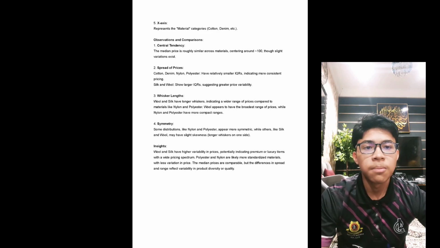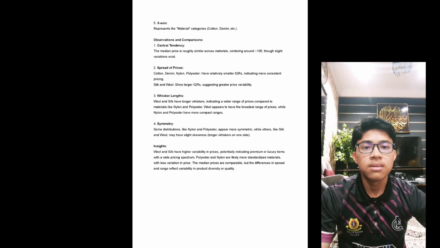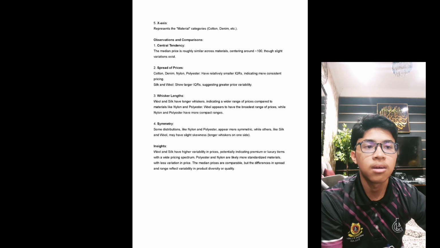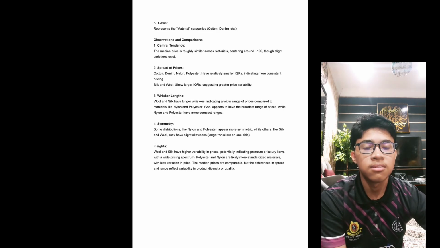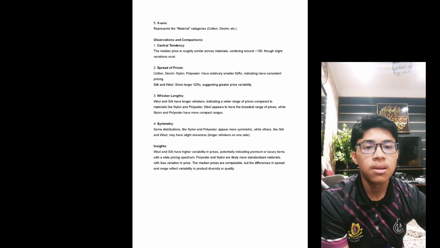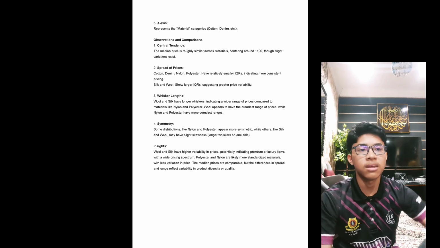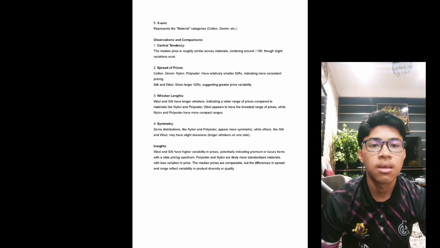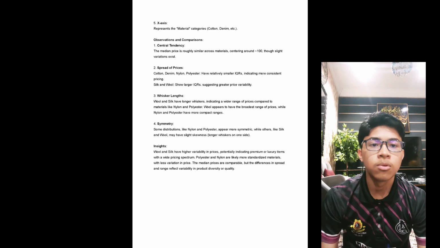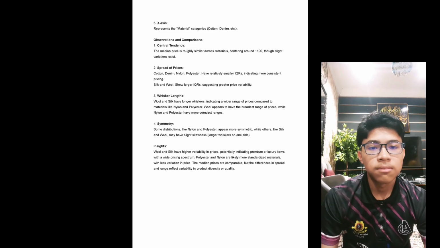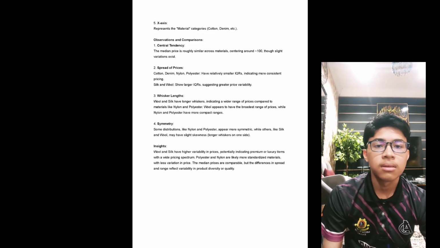Next, observation and comparison. First, central tendency. The median price is roughly similar across materials, centering around 100, though slight variation exists. Next, spread of price. Cotton, denim, nylon, polyester have a relatively small interquartile range, indicating more consistent pricing, while silk and wool show larger IQRs, suggesting greater price variability. After that, whisker length.